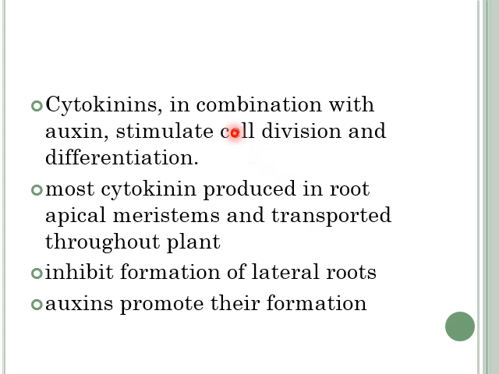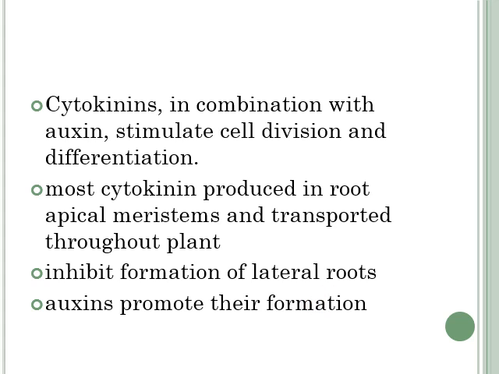Cytokinin in combination with auxin stimulates cell division and differentiation, means morphogenesis. Most cytokinin is produced in the root apical meristem and transported throughout the plant, that is nutrient mobilization. It inhibits the formation of lateral roots, and auxin promotes their formation.